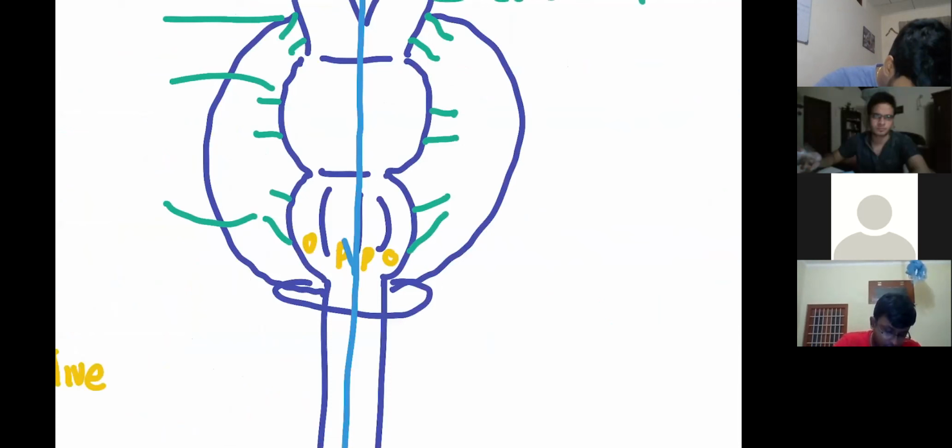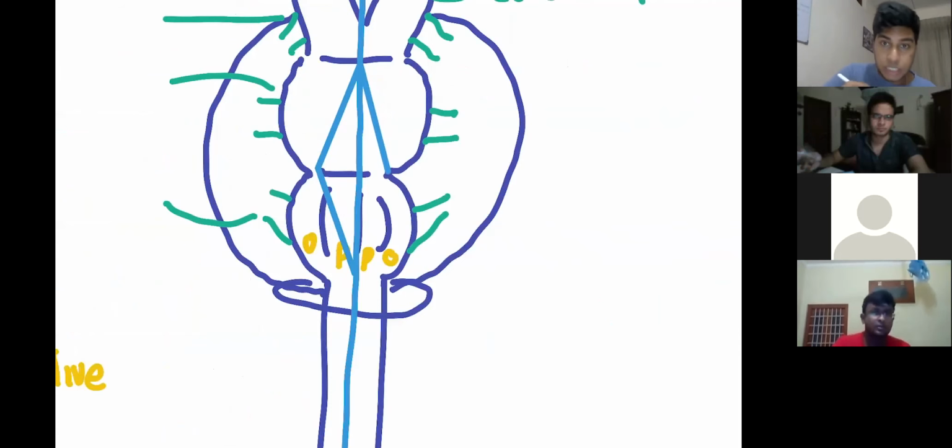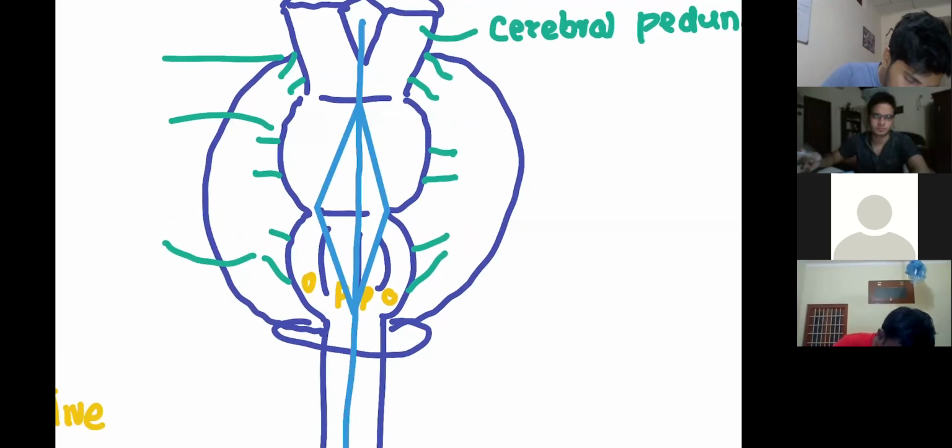In this region, this is the most posterior aspect of the spinal cord. What do I mean by that? If you cut from front to back of the spinal cord, the central canal is present more towards the back.